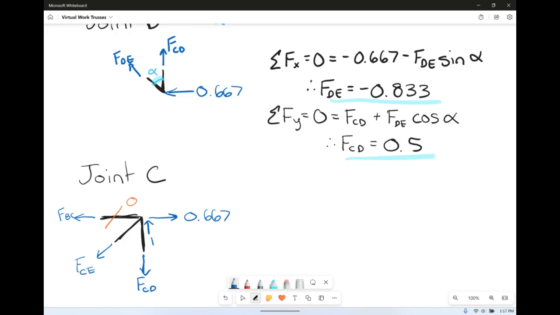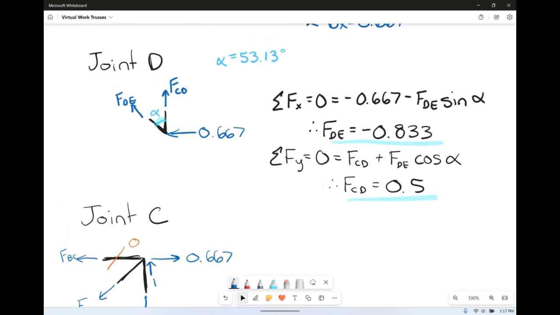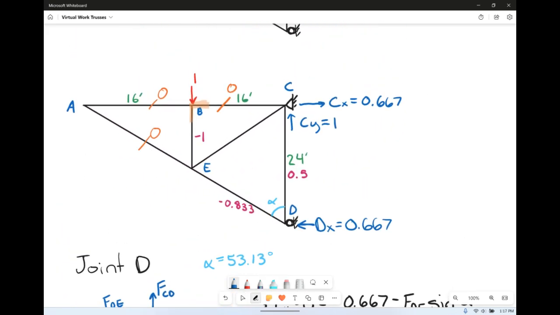Now we might want to figure out some angles. Some angles would be pretty cool, so let's go up and see what we can do. So what can we do? Well, I think an easy one to be able to find would be this guy right here. The reason I say that is because we can look at this right angle, this right triangle right here. Okay, well we have one side and that's 16. It'd be kind of nice to find everything else.